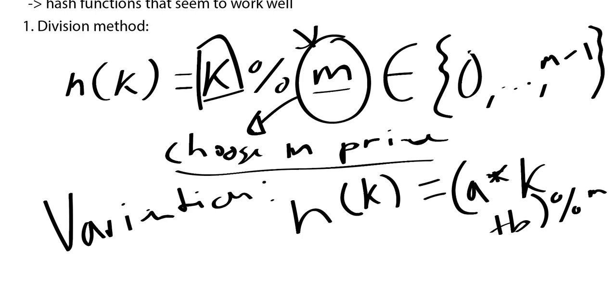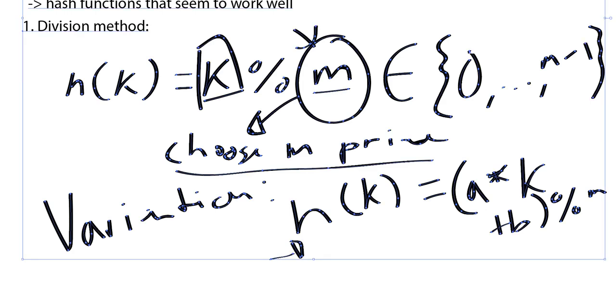If you look at the Introduction to Algorithms textbook, the CLRS text, you can see this. If you want more details, you can research a bit. But this is a variation of the division method.